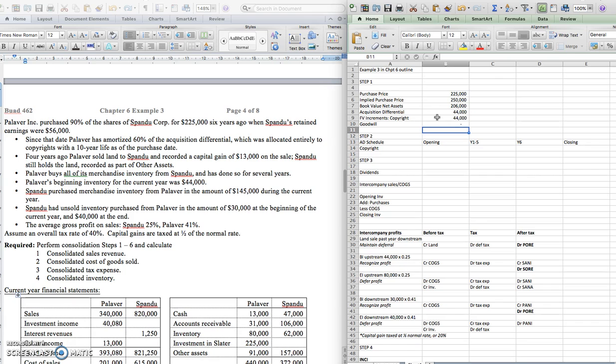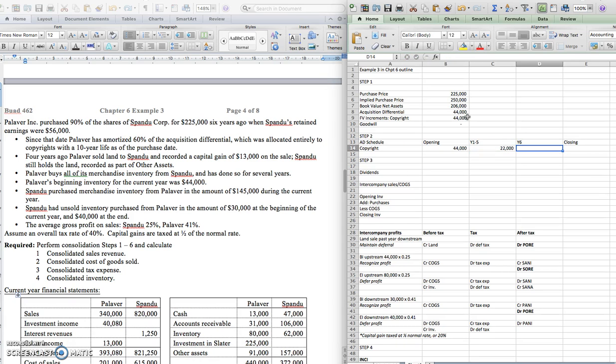Next, let's go on to Step 2. We need to figure out the acquisition differential schedule for that copyright. So of course our opening will be the amount as shown above, $44,000. As it is a 10-year life, we can figure out years 1 through 5 by a formula, which will probably be 44,000 divided by 10 times 5, 22,000.